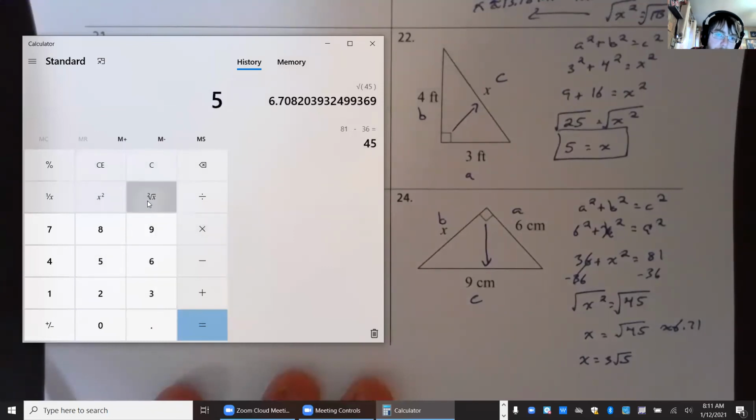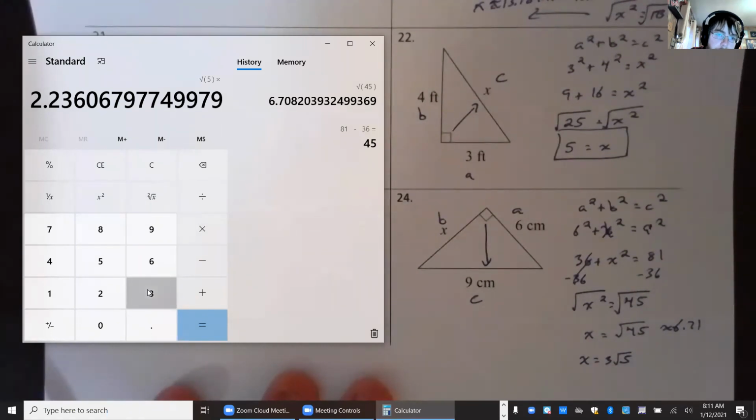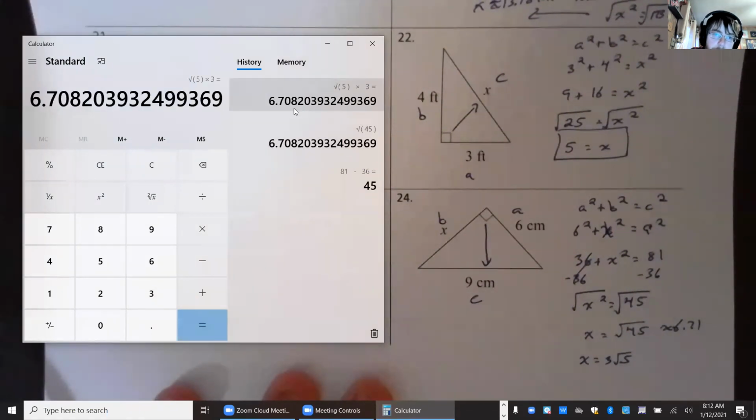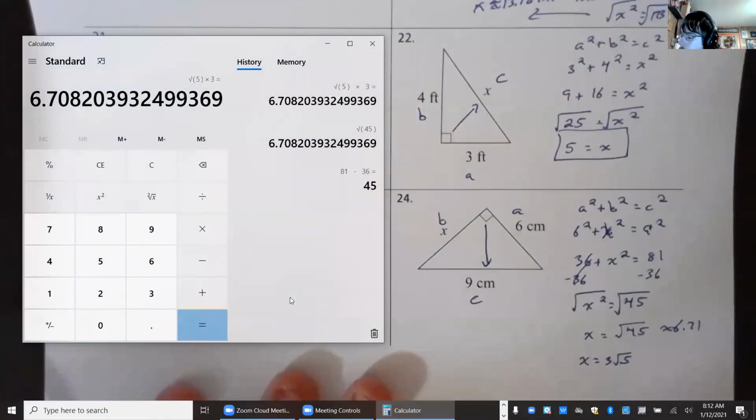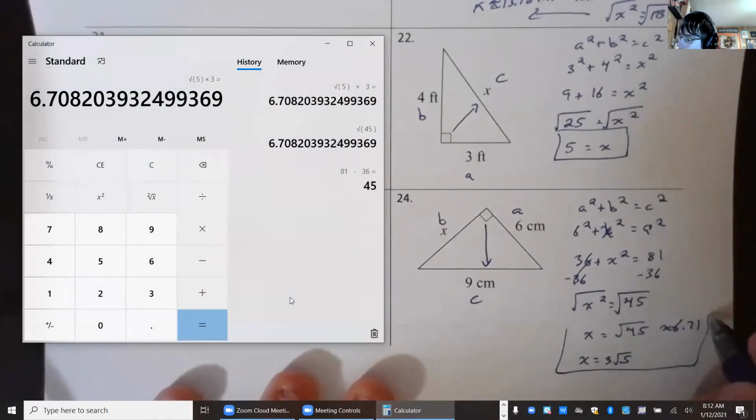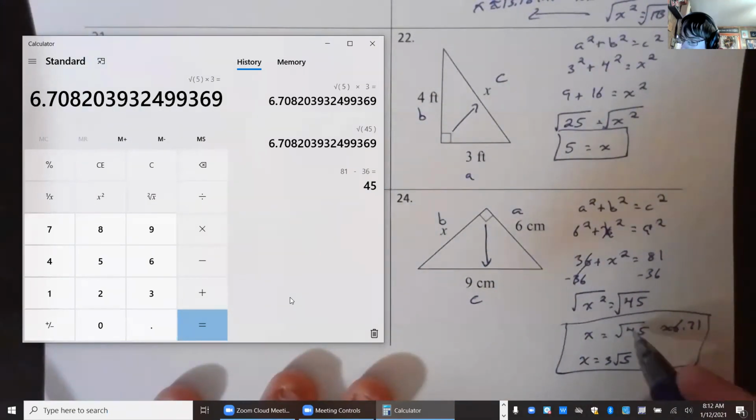So 5 times 3, and you can see that it gives us the exact same thing there. Just letting you know, if root 45 isn't on there, you would just test each one of your options to see which decimal would match up.